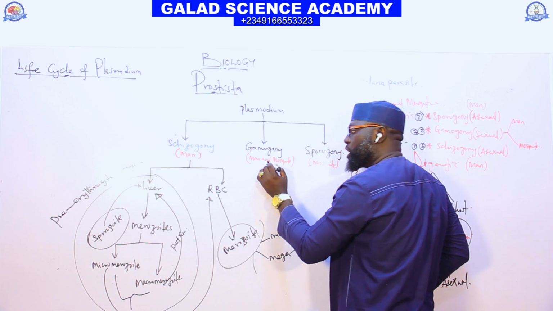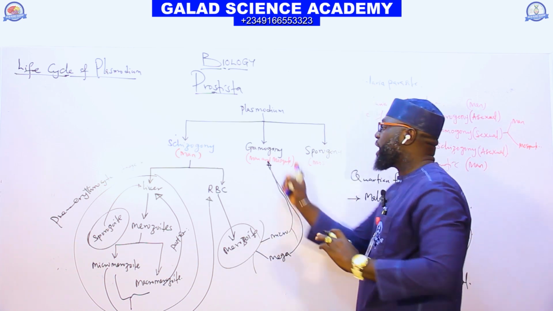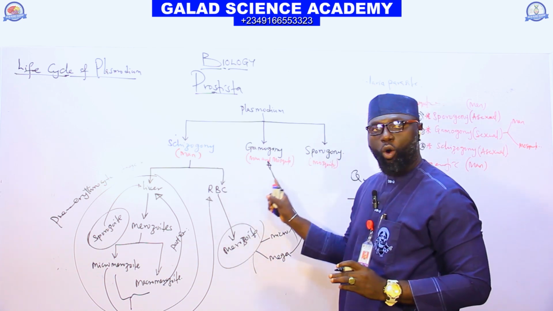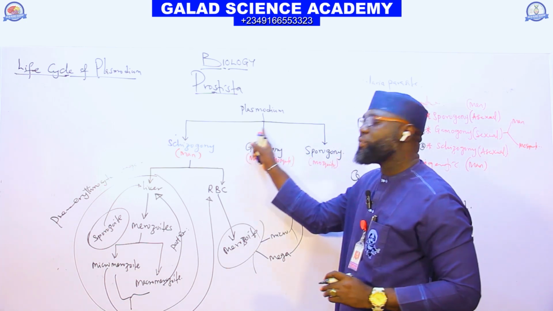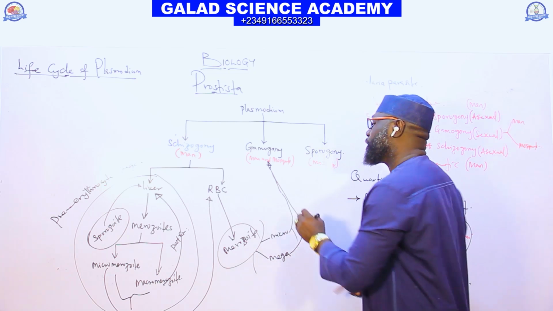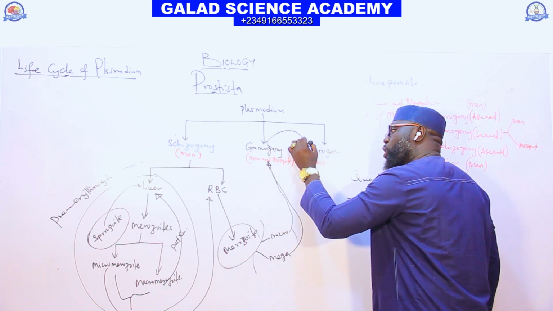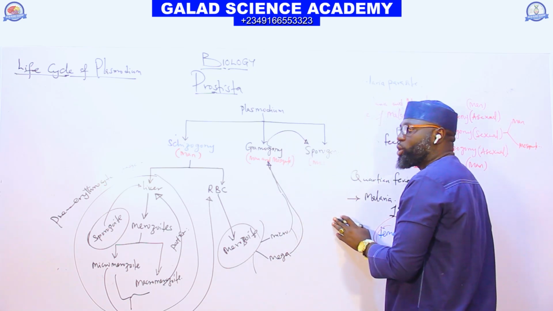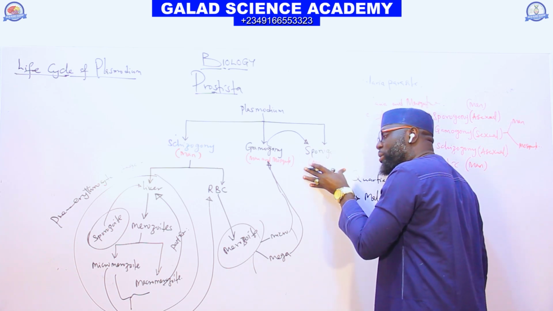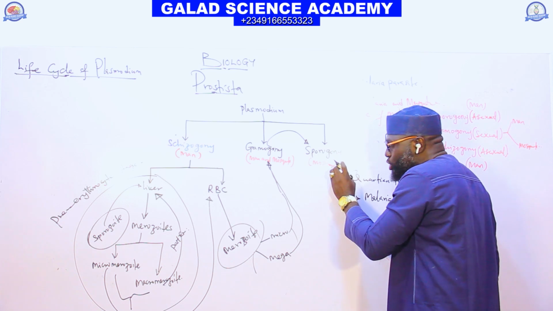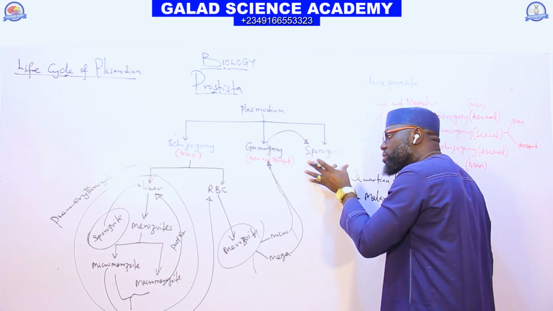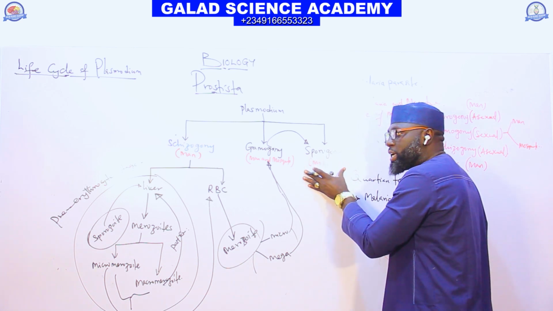So that is where we have the gamogony. In this gamogony a series of reactions will occur, which will later lead to what we call sporogony. So this sporogony is the asexual reproduction. It takes place in the stomach wall of the mosquito.